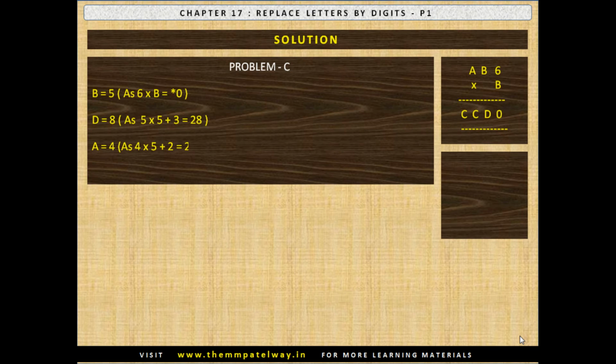And A will be equal to 4 as 4 into 5 plus 2 equals 22. Hence A is equal to 4, B is equal to 5, C is equal to 2 and D is equal to 8. And the final answer is 456 multiplied by 5 equals 2280.